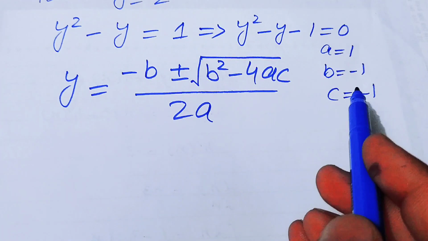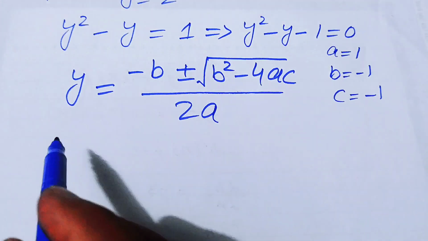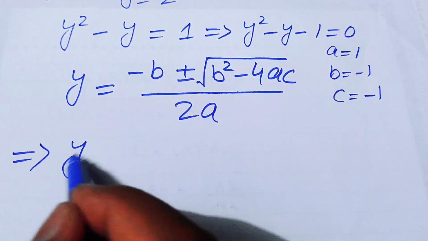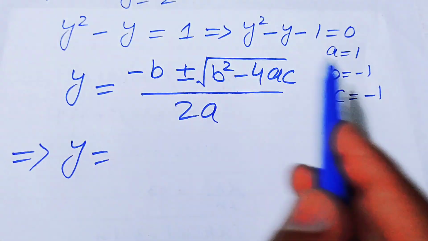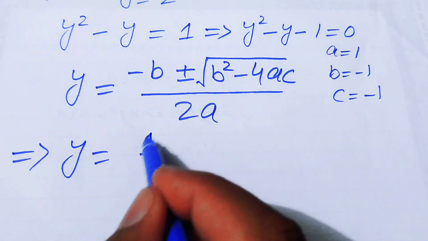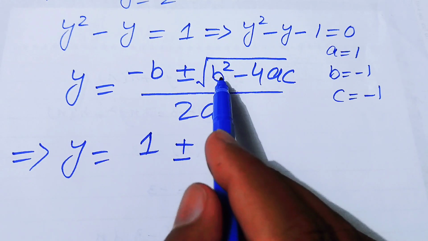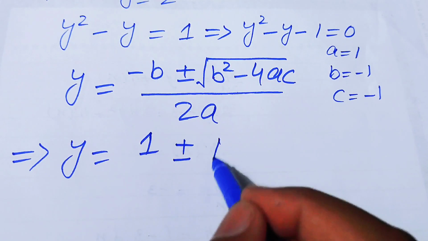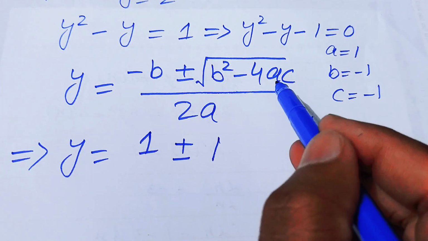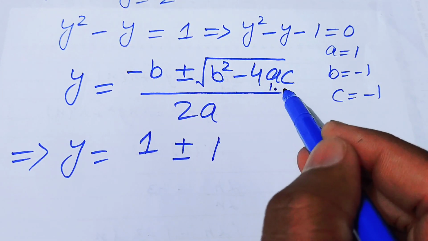So now we put all the values of a, b and c in this quadratic formula, so that here you get the value of b is minus 1 when we put here, so this minus and minus is plus 1, and plus minus here you have b square, and b is equal to minus 1, so minus 1 square is plus 1, and the value of a is 1 and the value of c is minus 1.